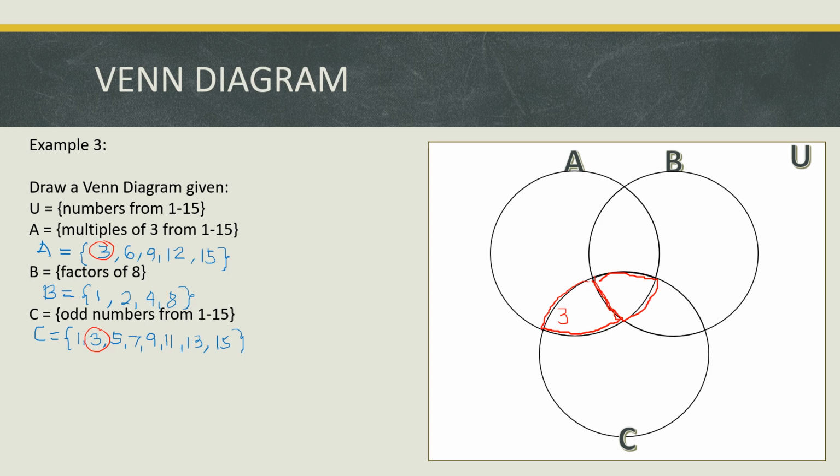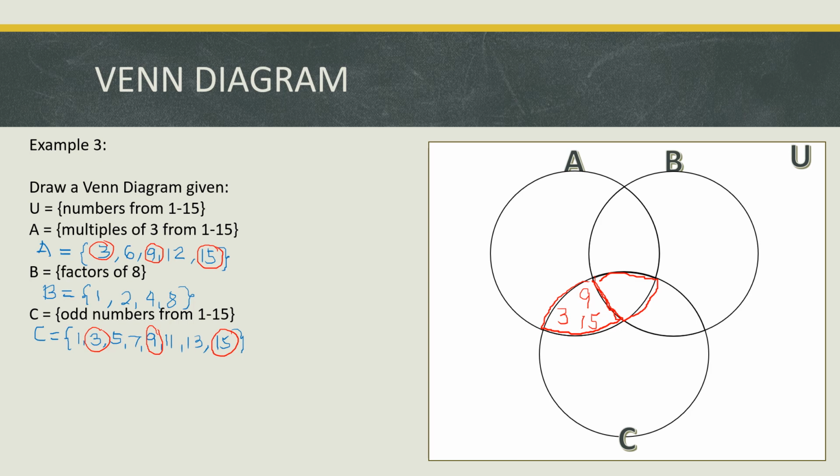We also have 9, and we also have 15. So those are the elements that we can see on both sets A and C. So therefore, it is on the intersection of circle A and circle C, but not overlapped with circle B because we cannot see those elements in set B.